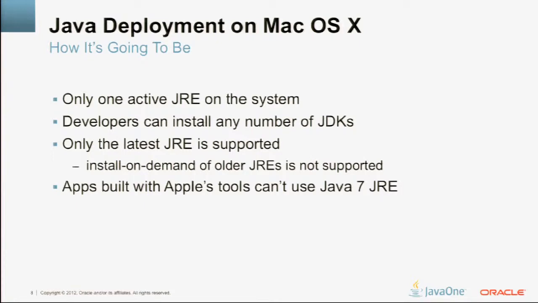The other big thing, and I put some green arrows as you see along the way, but if you have built an application with Apple's tools, be it Xcode or Jar Bundler, it will not work with Java 7. The Java tools from Apple rely on some private frameworks that are not being exposed to us, and they have no intention of making them publicly available.